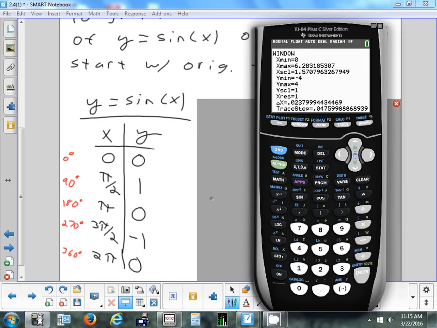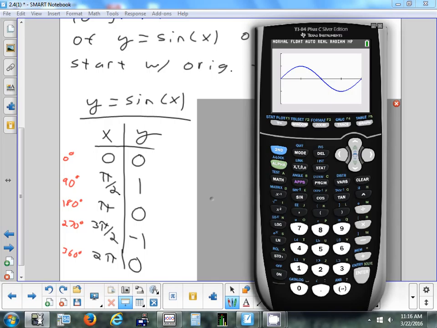Yeah. And we've talked a little about this last week. The highest it goes is 1, and the lowest is -1. And you can see it pretty clearly on the screen right there. So if you look at this table, it should make sense with that picture. When x is 0, y is 0. You're right there.